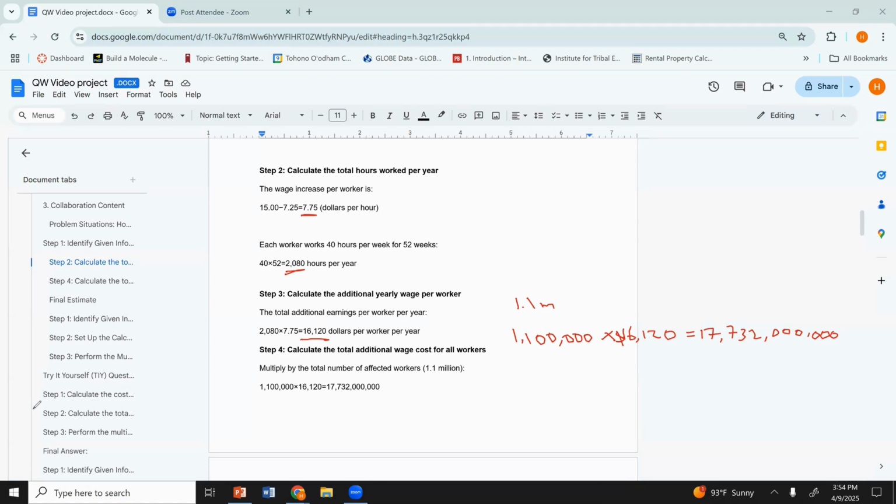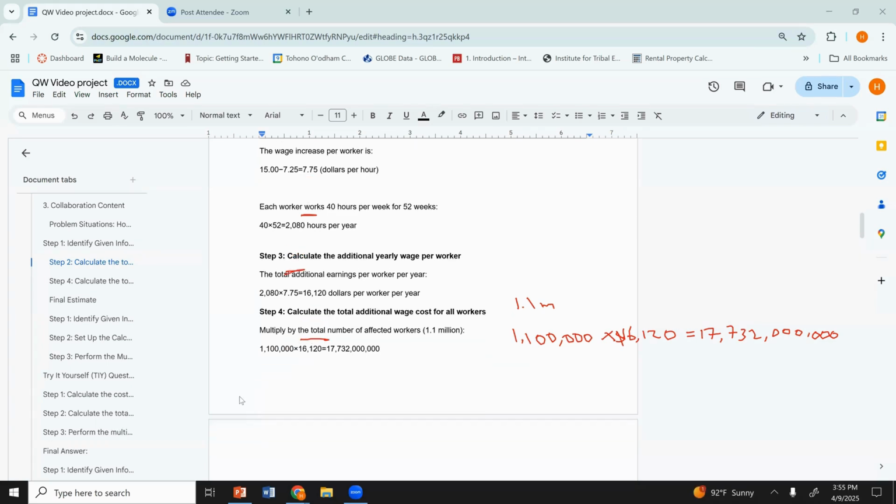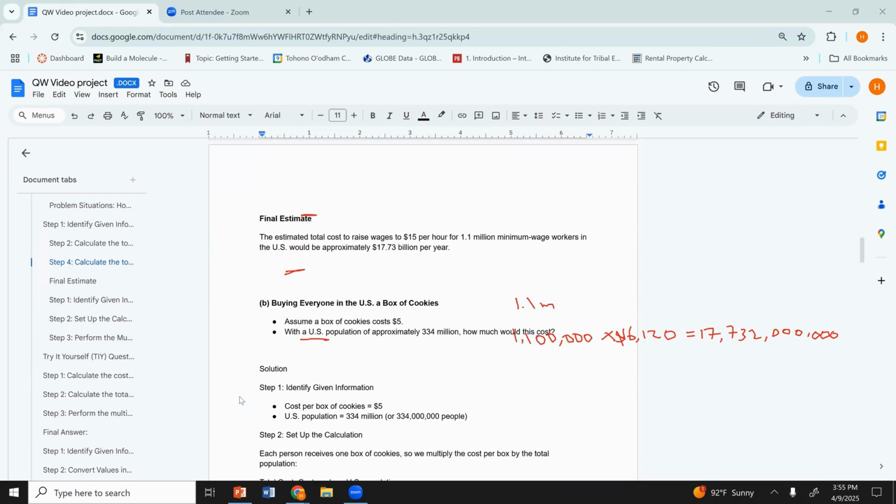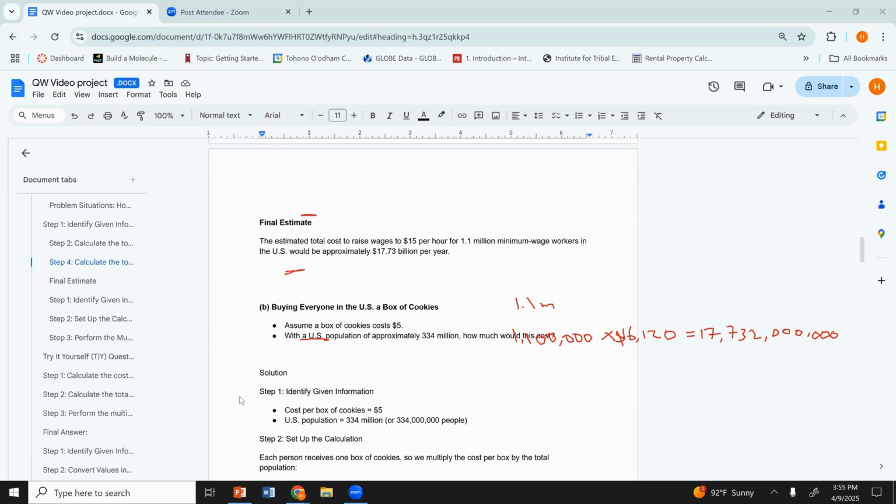All right. So instead of writing all the zeros, we can just put a quick estimate here. The estimated total cost to raise wages to $15 per hour for the 1.1 million minimum wage workers in the US would be about 17.73 billion.